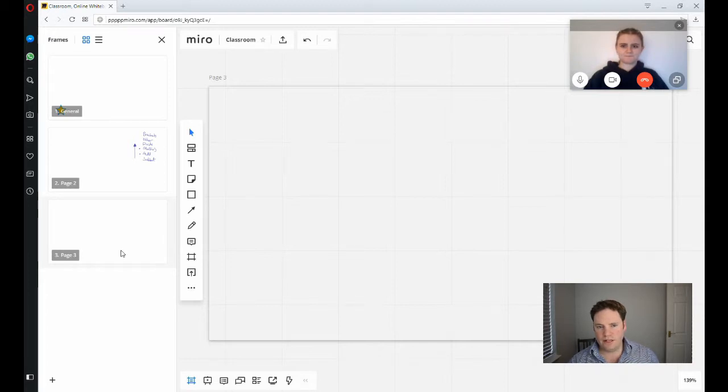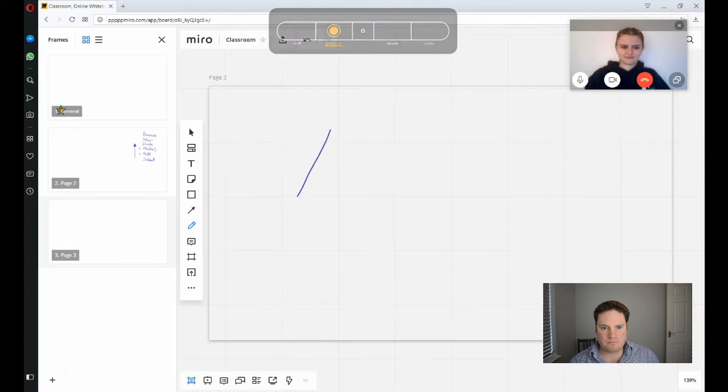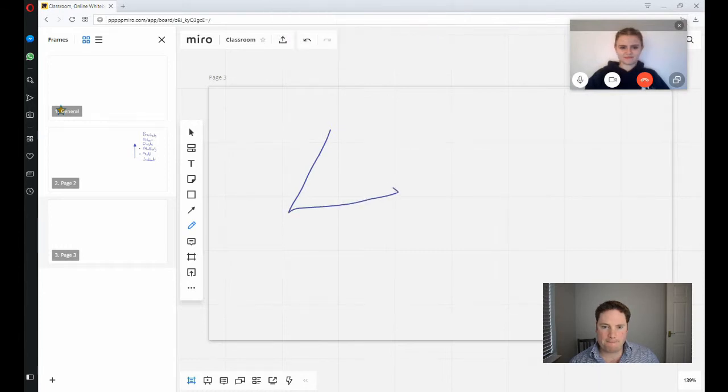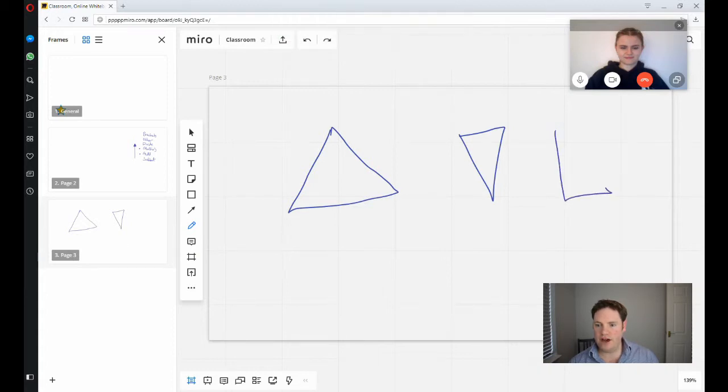But before we do that, I'm just going to put a few triangles on and we'll talk about what they're called. We're going to try, my drawing may let us down somewhat. Okay, so those 3 triangles there.